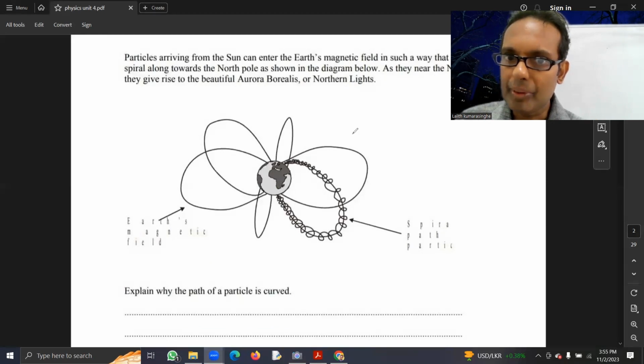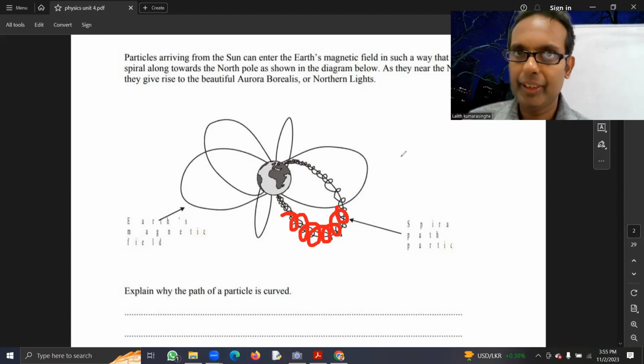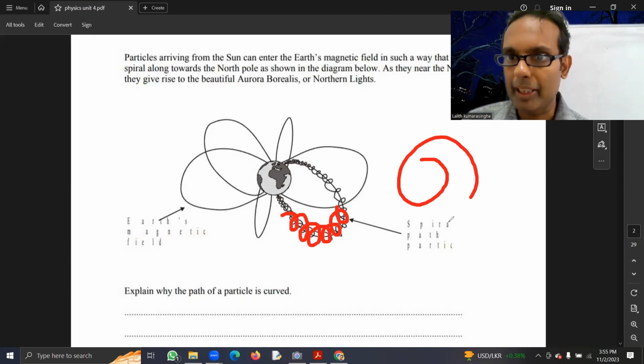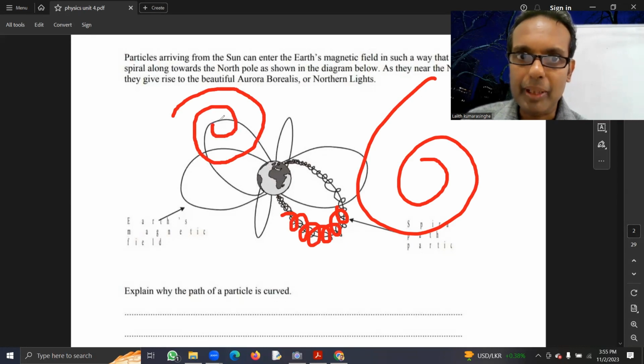And you see charged particles are moving in spiral-like motion. It's circular motion. The radius changes. If a charged particle speeds up, it will spiral outward. If it slows down, it will spiral inward.